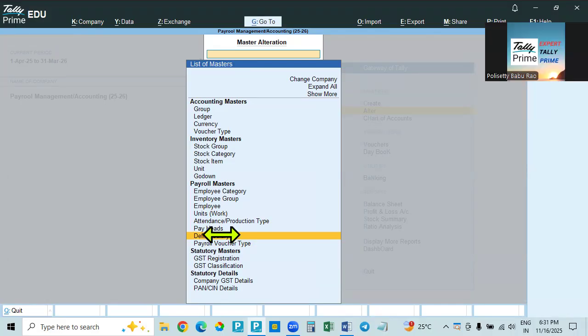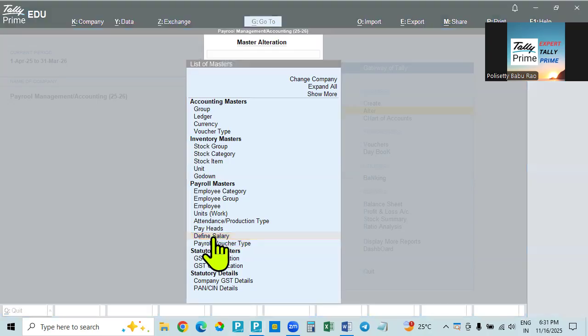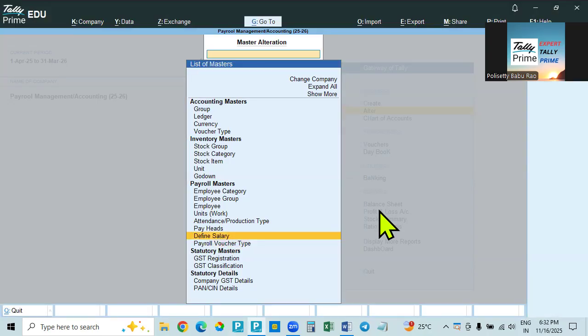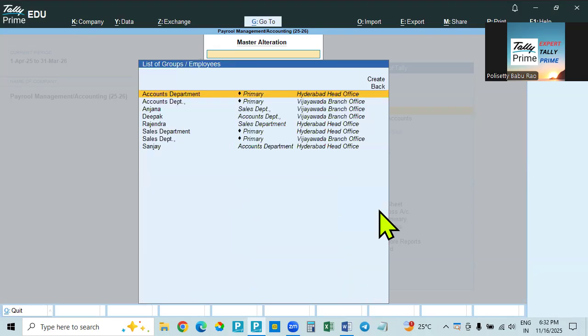So what we have to do is define the salary. How will we define the salary? We have already created all the offices, which are categories, the departments, which are groups, and the employees.